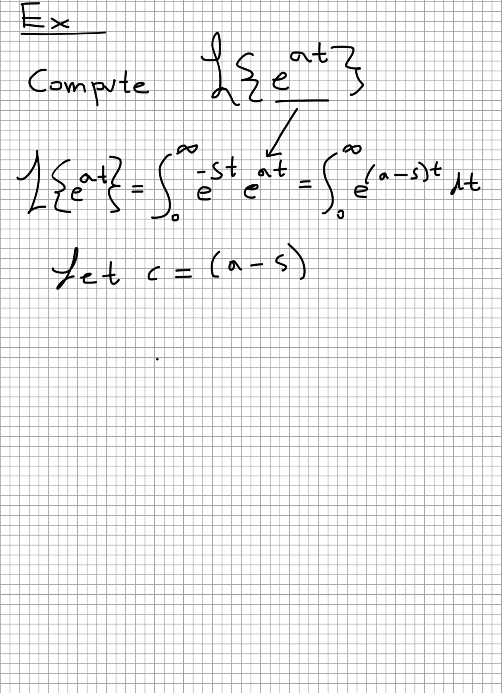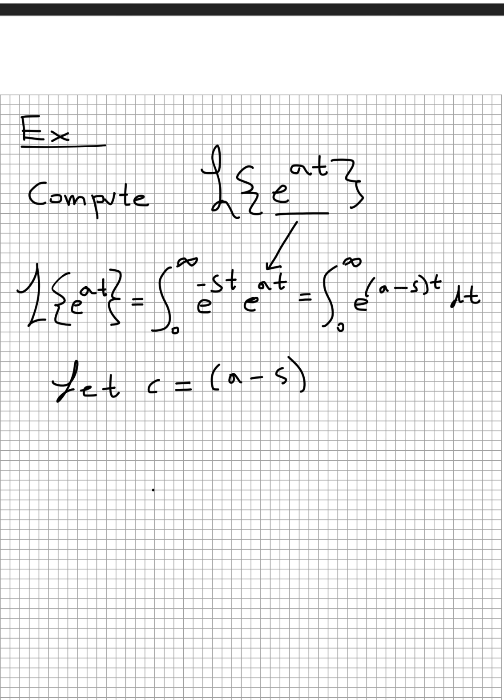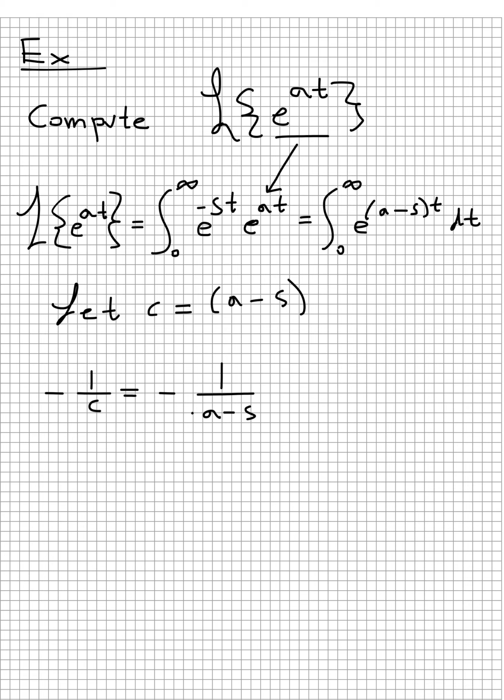The solution before was minus 1 over c. So minus 1 over c will be set equal to minus 1 over a minus s. And if we simplify this a bit, this is equal to 1 over s minus a.